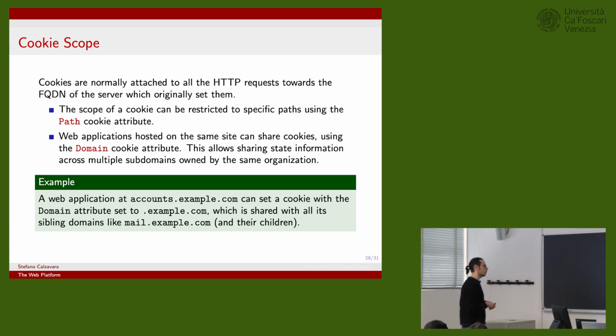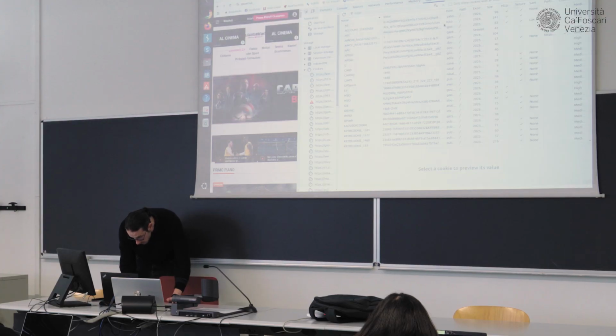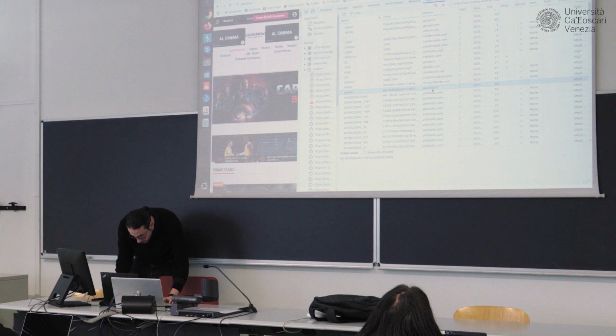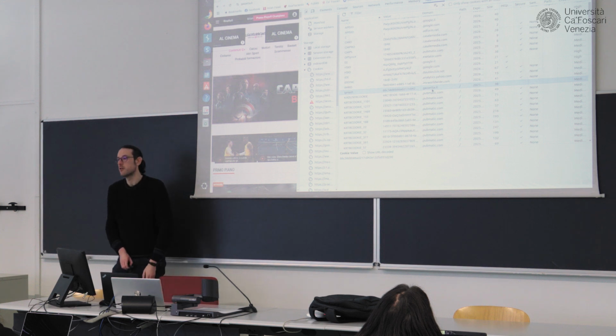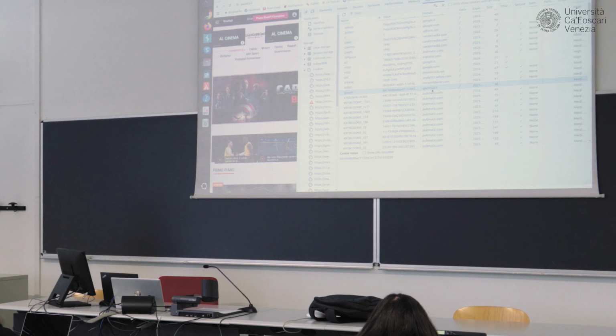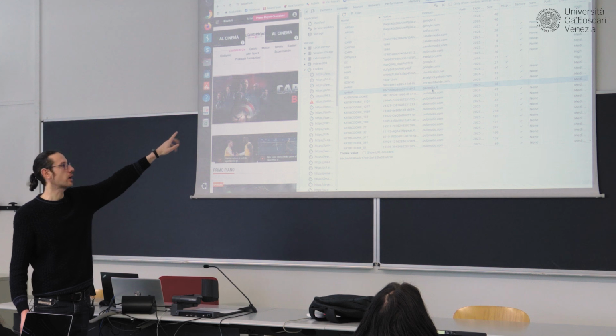You can see this information also from your browser. Let me show that. If you go here in the application tab, you will see that these cookies have a domain attribute. For example, this cookie here, which I'm highlighting, is a cookie which is shared with any subdomain of Gazzetta.it. You see the domain attribute is set to .gazzetta.it, which means every subdomain of Gazzetta.it gets this cookie.